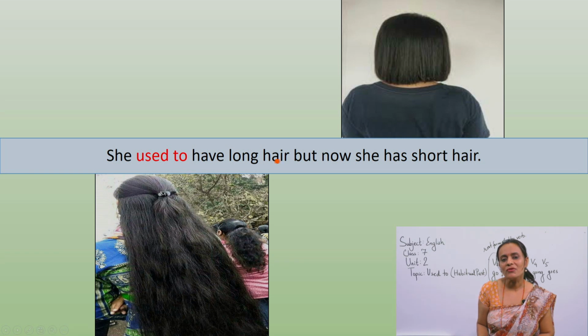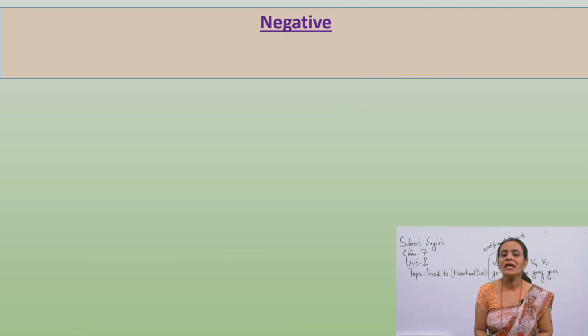She used to have long hair, but now she has short hair. All the structure of the affirmative sentence is used here. Subject is here, used to is here, and have is also here, and long hair is also here. And here we have kept the present habit. She used to have long hair was her past habit, but now she has short hair is her present habit.